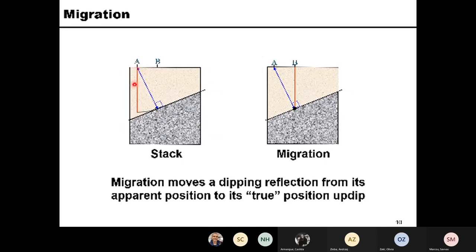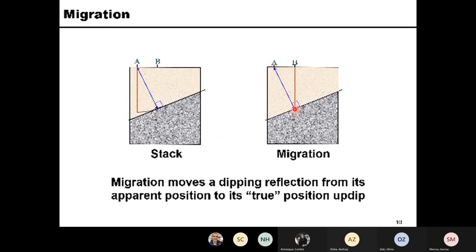This is your seismic section, but in fact, at this point, this one actually came from here. Your ray path is perpendicular to the refractor. See that? But in your seismic stack section, you only see it at your midpoint A. So this point actually is stored in the seismic trace. So what we try to do, we try to put this back to the true position. So actually put the A to the true position.